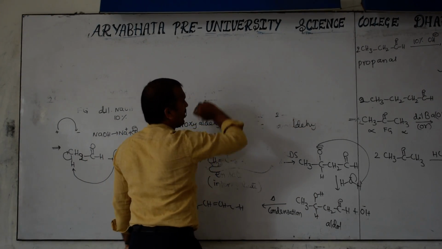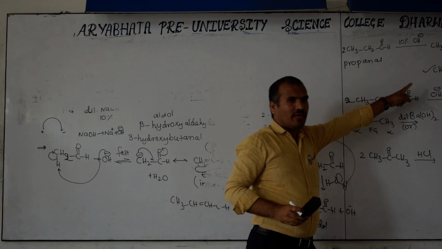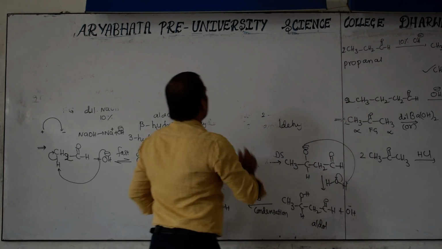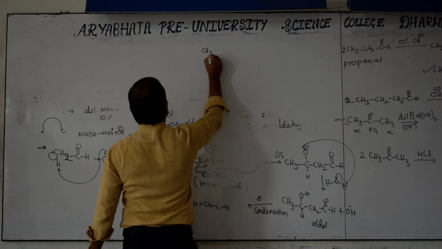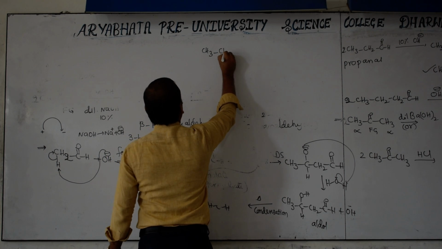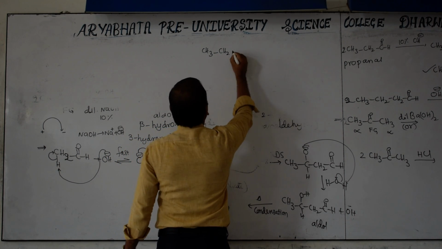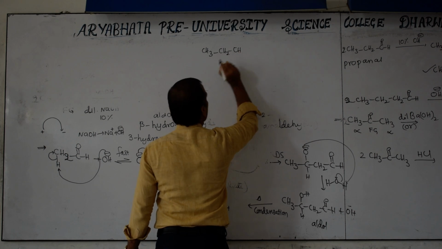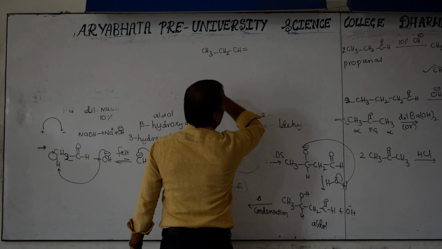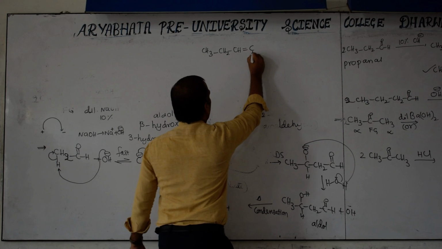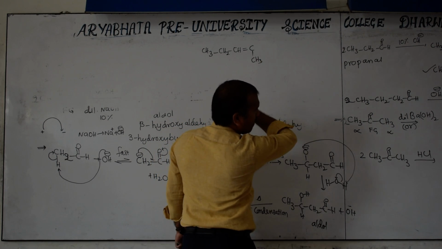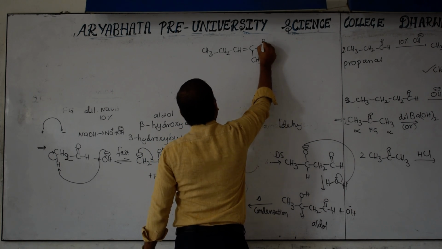Already you learned this one, that's why I will write this product only. What is the product? CH3, CH2, CH, double bond, CH3, C double bond OH.